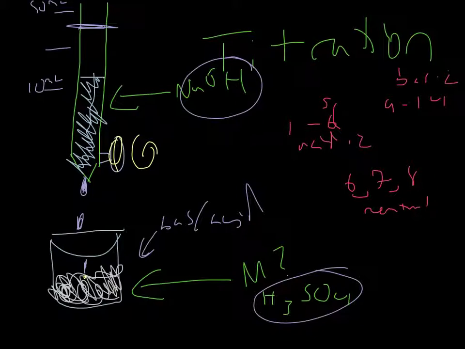So as you're adding your base, the pH will get to 7, and then you'll add a little more, and then it'll get to like 9, and then all of a sudden, very suddenly, this will turn blue. As your instructor will explain, when you're doing the experiment, you have to constantly be swirling this glass to keep the concentration equal throughout the whole solution.